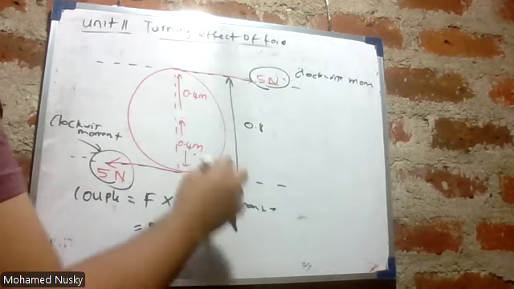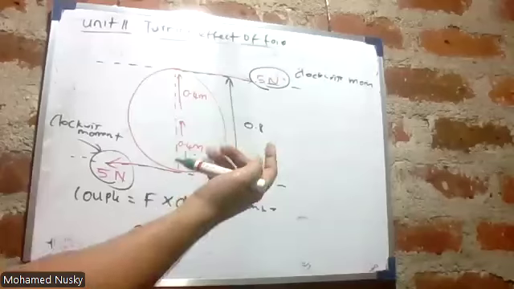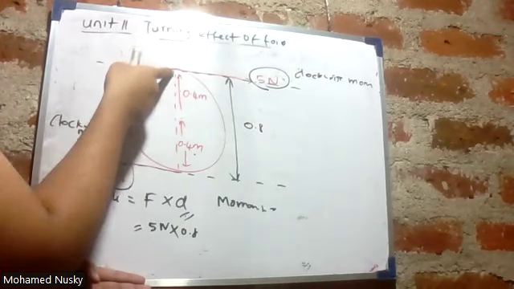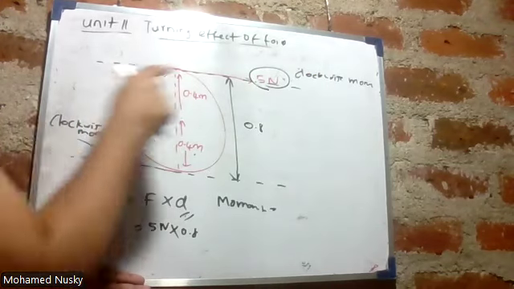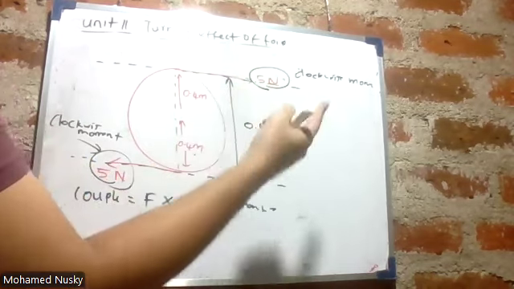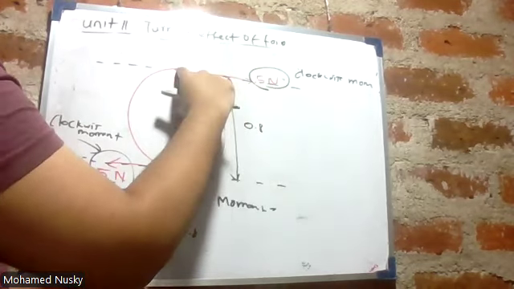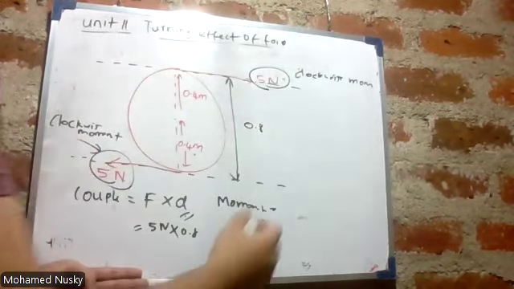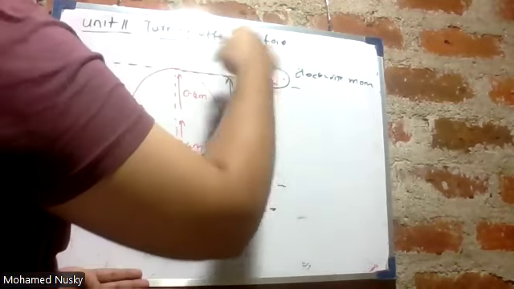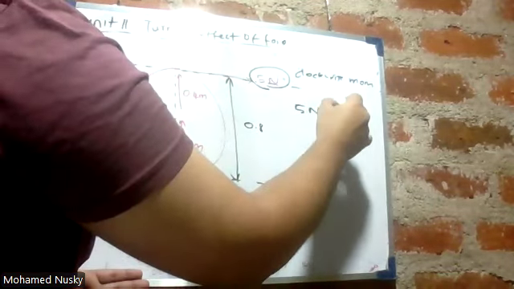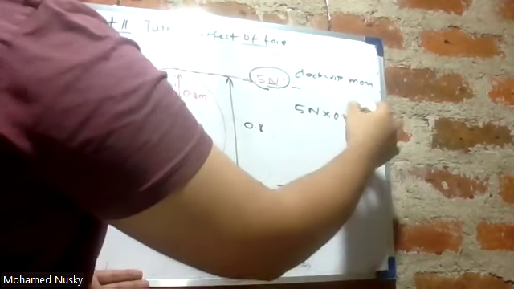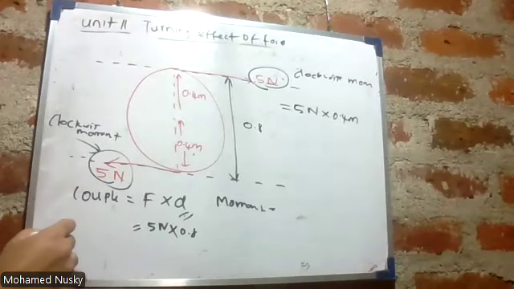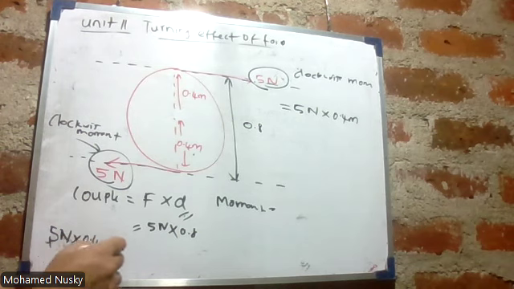Then I can add them, right? So what is the moment? Moment is force into the perpendicular distance from the line of action to the axis of rotation. Moment due to this is 5 Newton into 0.4 meters, and the moment due to this is also 5 Newton into 0.4 meters.